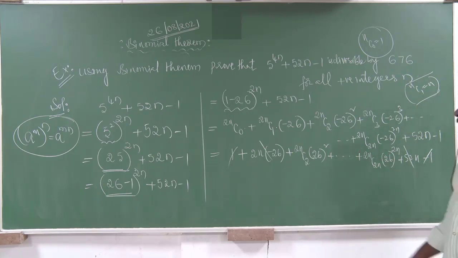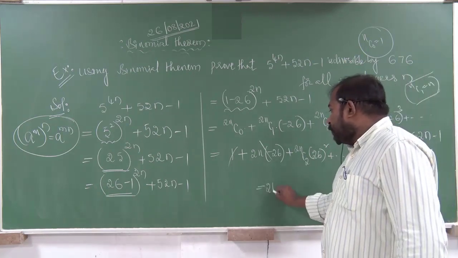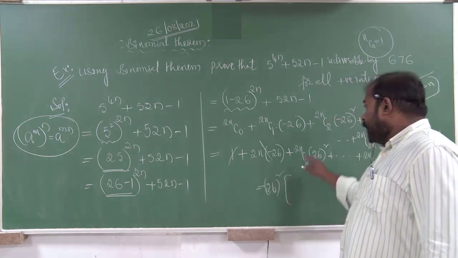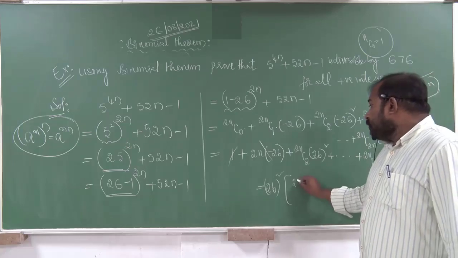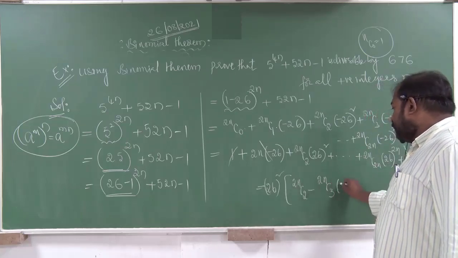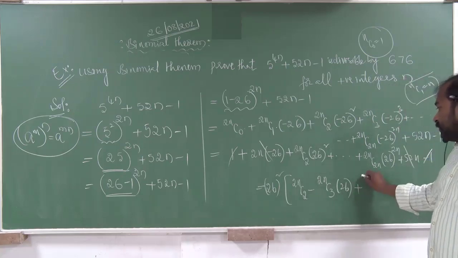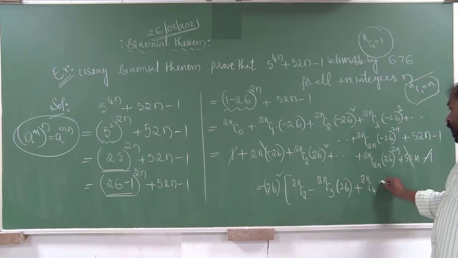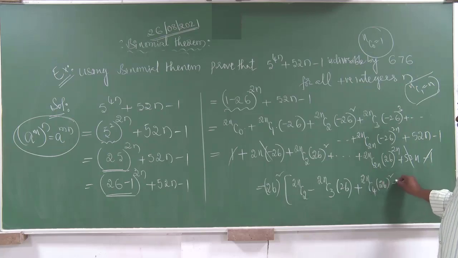I can take that value common. If I take 26 square common, what is the rest of the value I get? 2nc2 minus 2nc3 into 26 plus 2nc4 26 square minus, and so on.